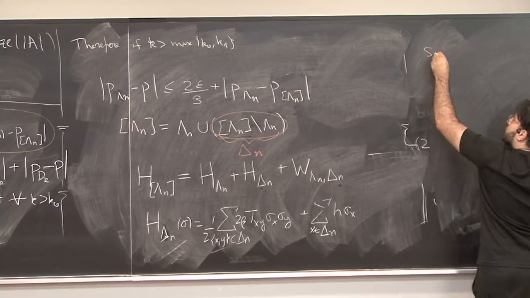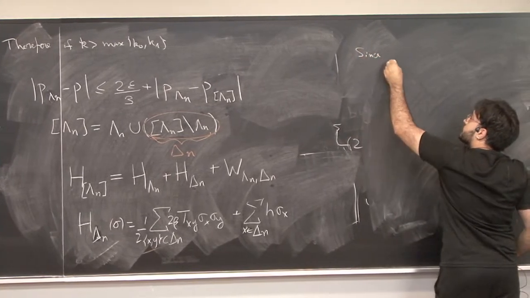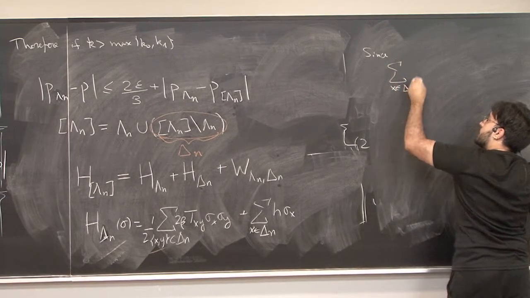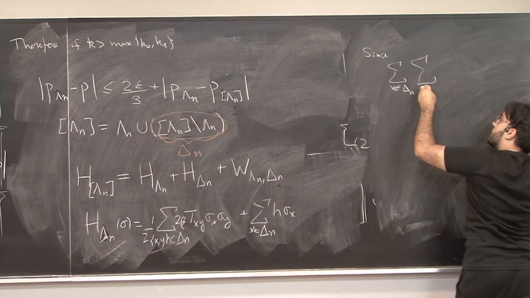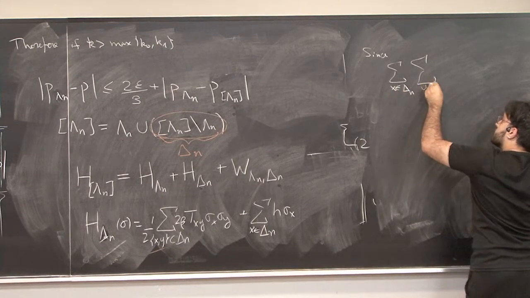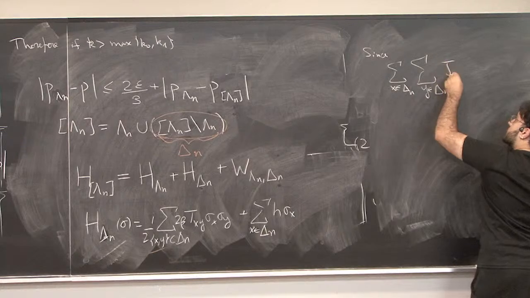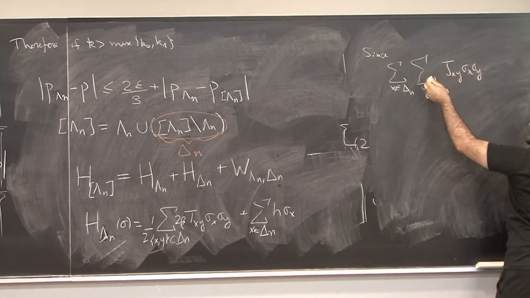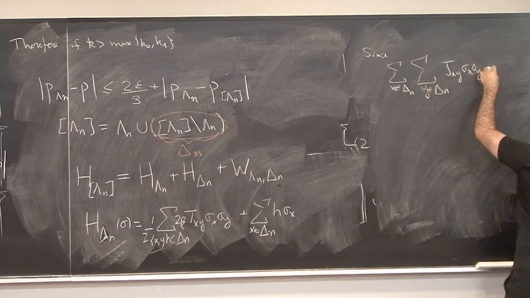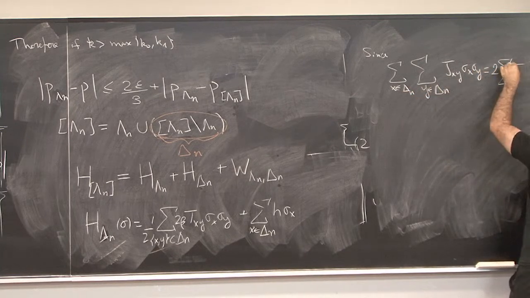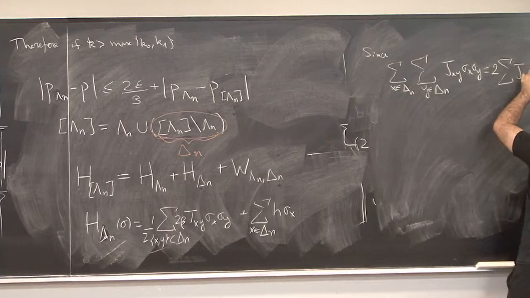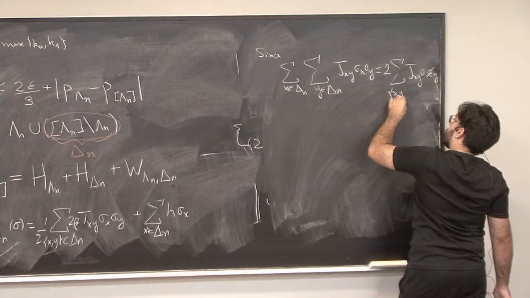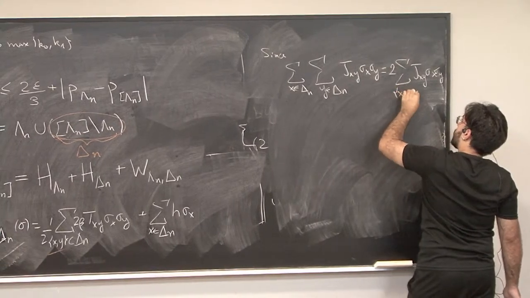The sum over x and y of J_xy sigma x sigma y is actually equal to 2 times the sum of J_xy sigma x sigma y over the sets right here.